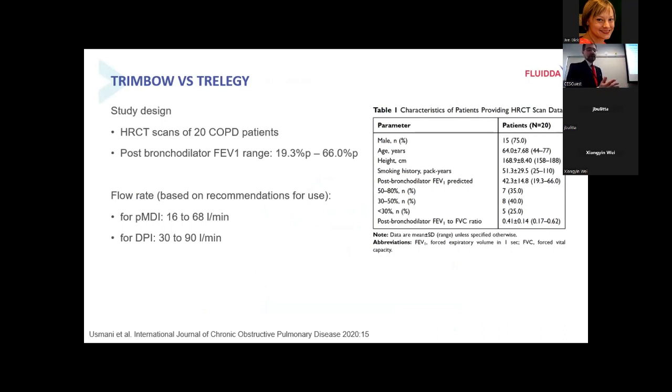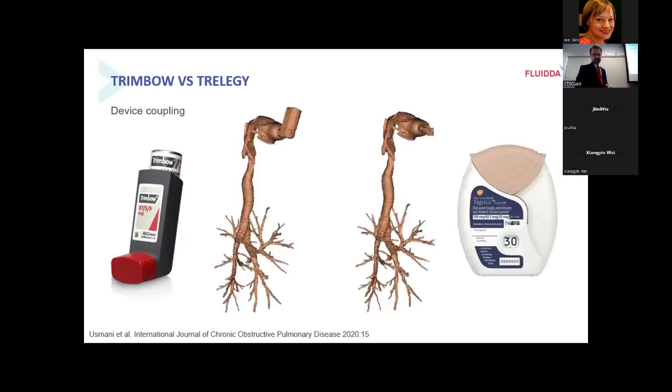We looked at the recommended flow rates for use: for a pMDI between 60 and 68, for a DPI between 30 and 90. So we looked at different inhalation flow rates to see what variability we could reasonably expect in the real-world situation. Then, as we showed before, we coupled the devices.